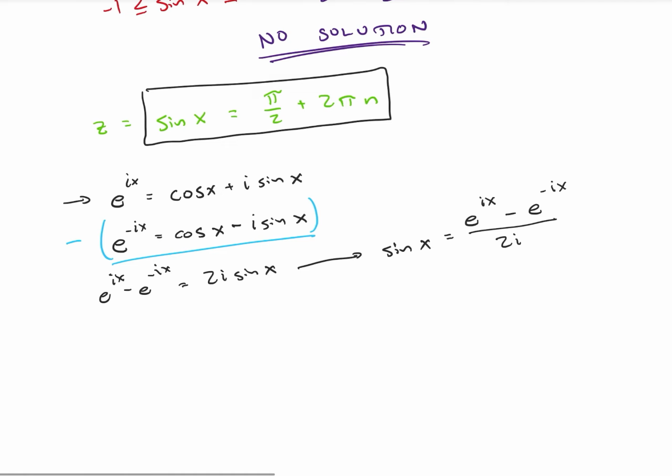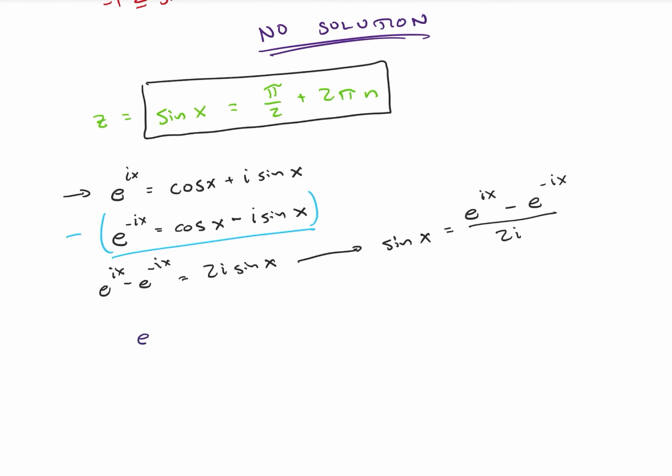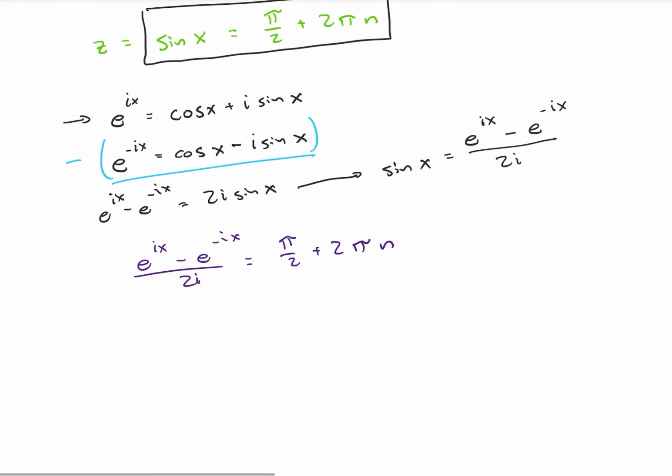My new problem is e to the ix minus e to the negative ix divided by 2i, sorry, 2i in the denominator, is equal to pi over 2 plus 2 pi n. Let's multiply out that 2i, and I get e to the ix minus e to the negative ix is equal to this whole thing times 2i, so pi plus 4 pi n times i.